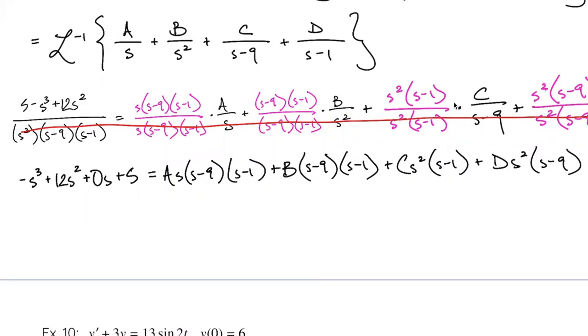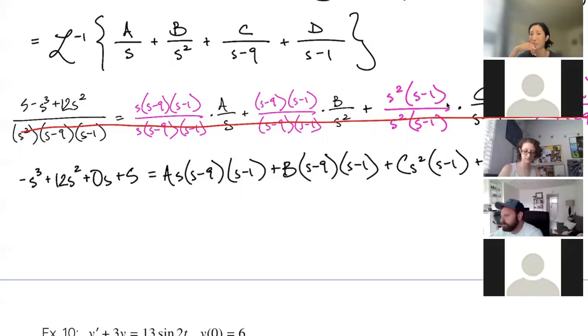In other words, in this case, I don't think I can find all four A, B, C, Ds just by picking clever numbers, but I can get pretty far by picking clever numbers, okay? And so because I can get pretty far, I'm going to do that first. I'm going to see what I can find, and then at the end, I'm going to come back and find out what I still need to figure out, okay?